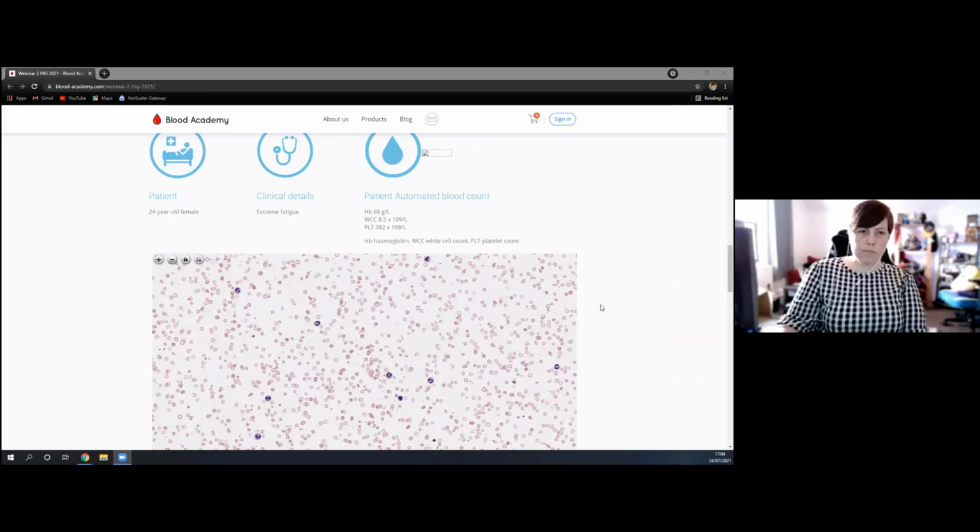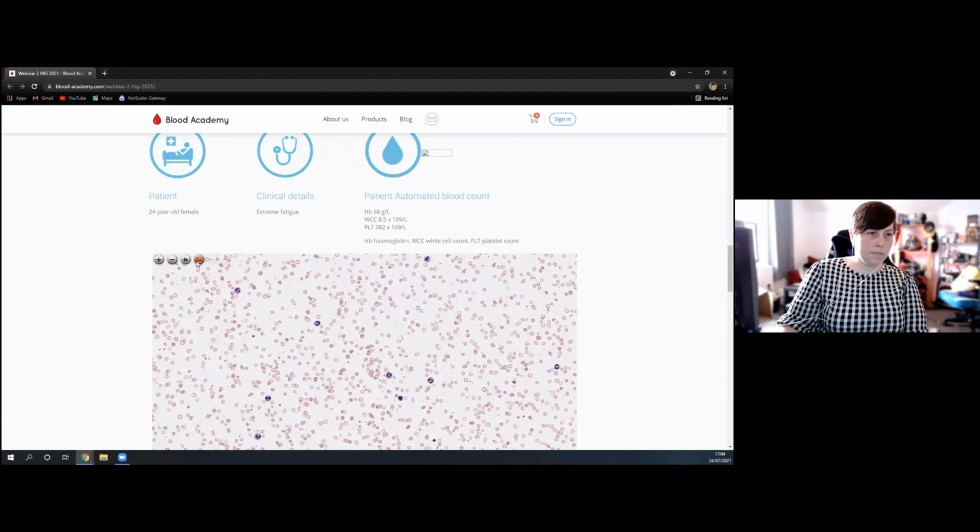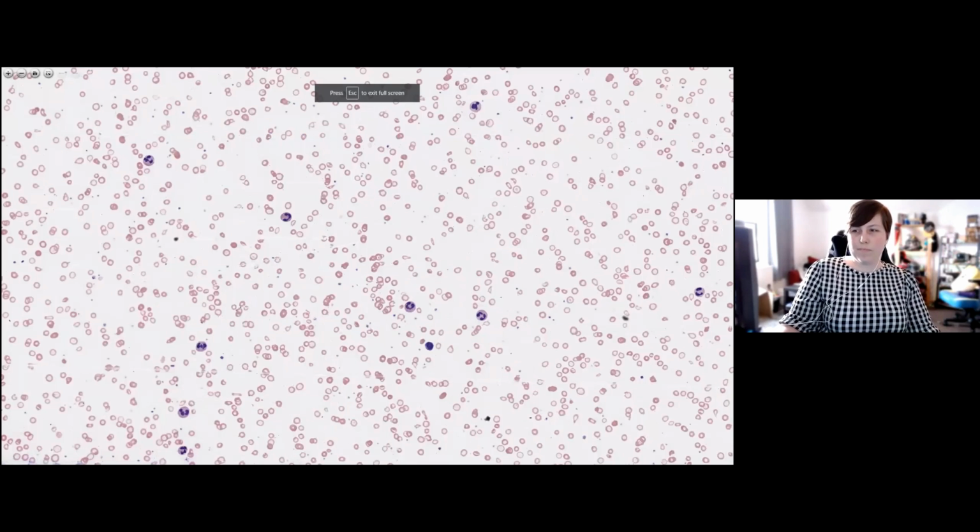So the first case is a 24-year-old female. The clinical history that we have is very brief, which is often the case with the information that we're given in the lab. It's fatigue. And probably not unsurprising with the hemoglobin that she has of only 68 grams per liter. So I'll leave it up to you now, Nicole.